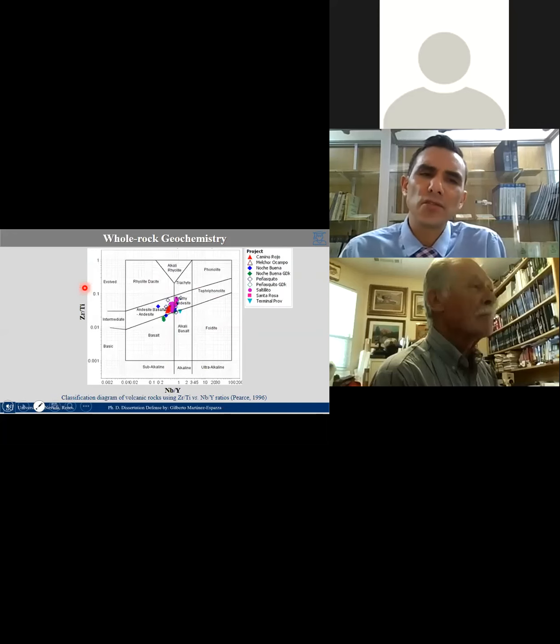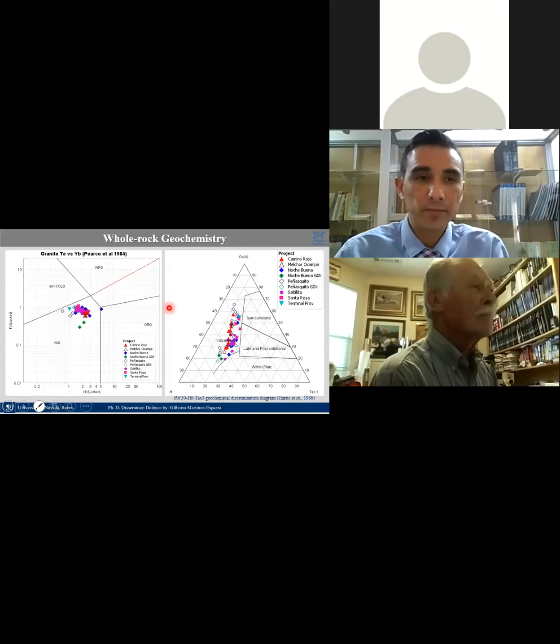The classification using less mobile elements shows that most of the rocks are intermediate in composition, and there is not a wide distribution. So we can infer that all these magmas, the magma source, were quite primitive at the very beginning.